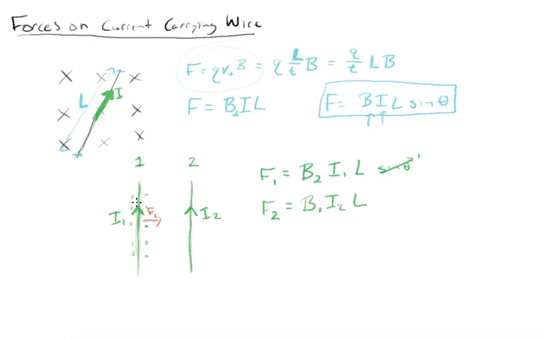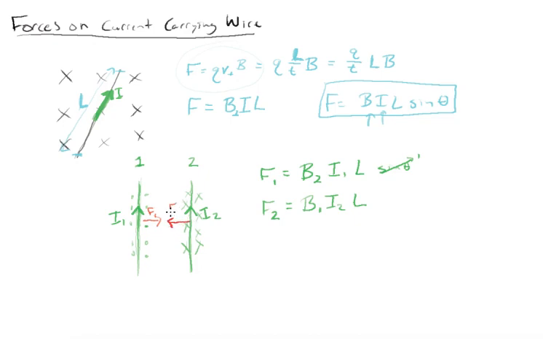Point your thumb upward on this side, and your fingers should be wrapping into the screen on this side, which means the magnetic field created over here from the current in wire 1 is pointed into the screen at wire 2. Then you do your next right hand rule: point your fingers up in the direction of current 2, point your palm in the direction of the magnetic field, which is into the screen, and your thumb should be pointed now to the left.